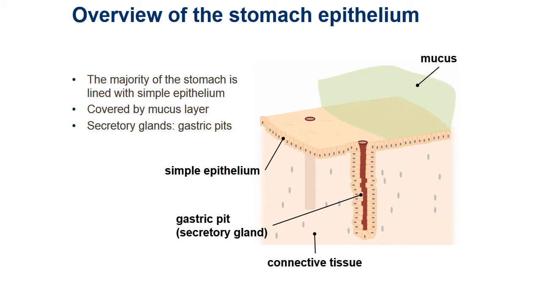This mucus covers these epithelial cells and protects them from the corrosive effects of acid present in the stomach. Now, in the fundus of the stomach, that is the upper part of the stomach, you will also find gastric pits, which are essentially secretory glands where the gastric acid is produced by the parietal cell.